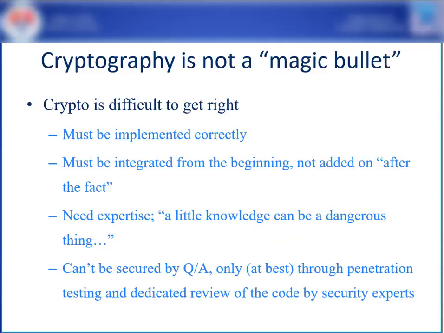So cryptography is not a magic bullet. For cryptographic algorithms to work correctly, they must be implemented correctly. They must be integrated from the very beginning when establishing the system, and not added on after the implementation.